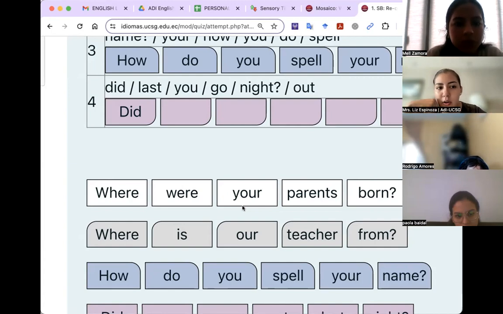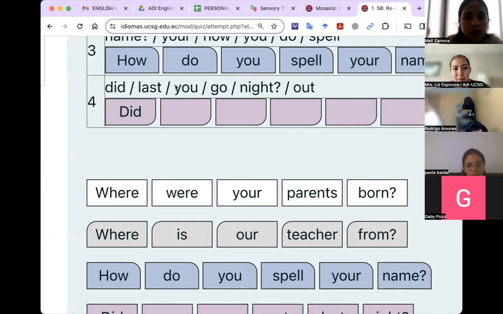Last, you, go, night, or out? In this case, go is a verb. Last night is a time expression. Did you go? Then, go out last night. Did you go out last night? Yes.